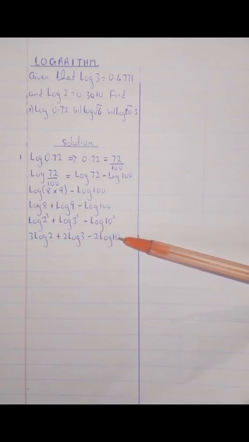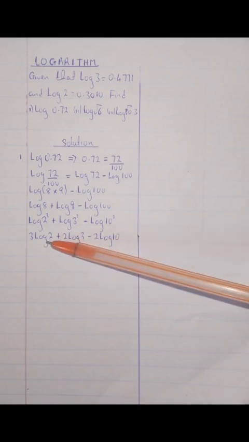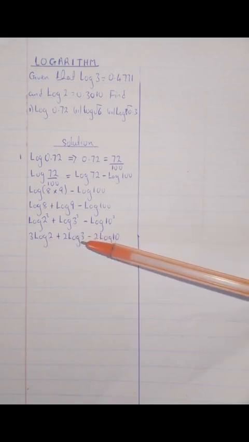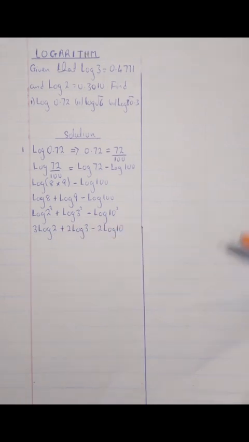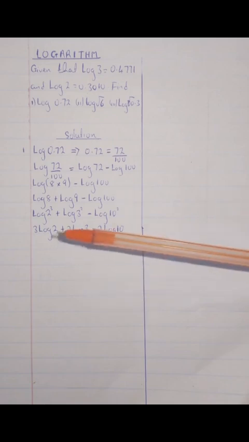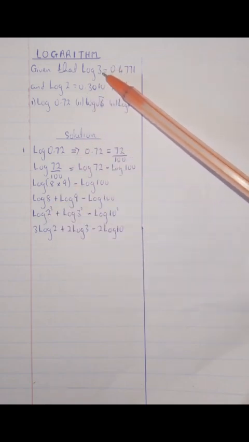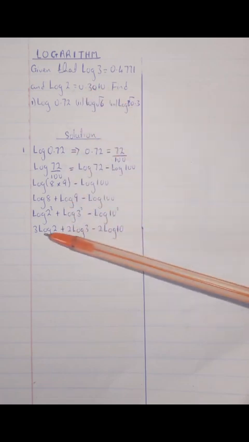Recall all of this, they are all in base 10. Whenever I give the log, they do not write the base, just know that it's in base 10. So we have 3 log 2 plus 2 log 3 minus 2 log 10. Now, if you watch closely, here in our question, we are given the value of log 3 and the value of log 2. And here we have our log 2 and log 3. Now, what do we do?